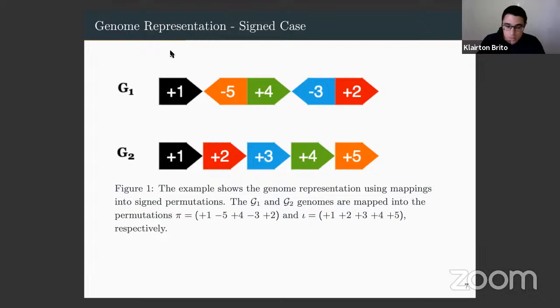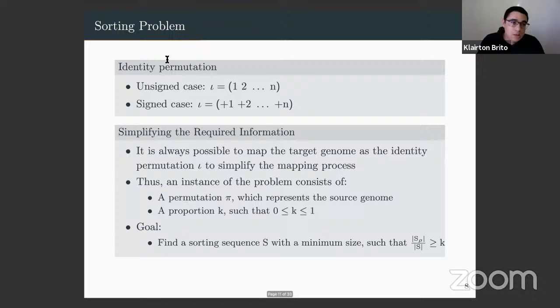So talking now about the sorting problem, when we map the genome as a permutation, as I mentioned before, we assign a specific permutation to the target genome, and this permutation is called the identity permutation. For the unsigned case, the identity permutation has the elements in increasing order from 1 up to n.